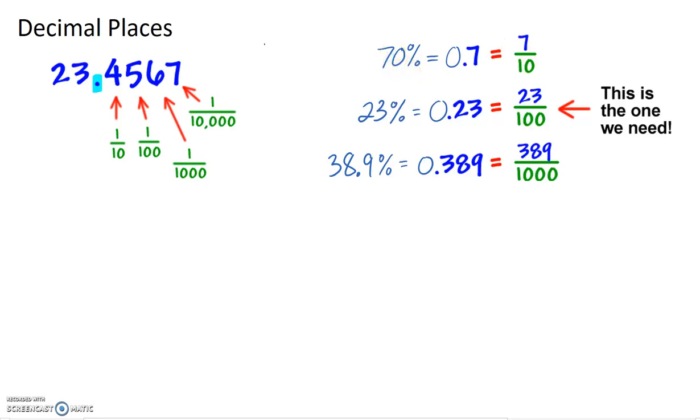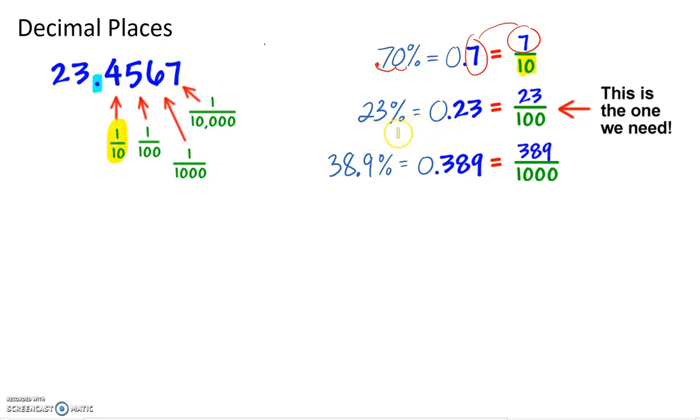So 70%, right? We move this 2 places to the left, and that gives us our decimal. So we have 0.7. But this is the tenths position. So what we can do is we can take this number and move it to the top of a fraction, and whatever position it is, we will just follow that. We will put it into the tenths position.